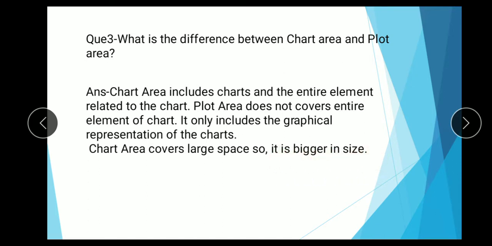So this is the real difference. The chart area includes all elements related to the chart, and the plot area includes the graphical representation of the chart.